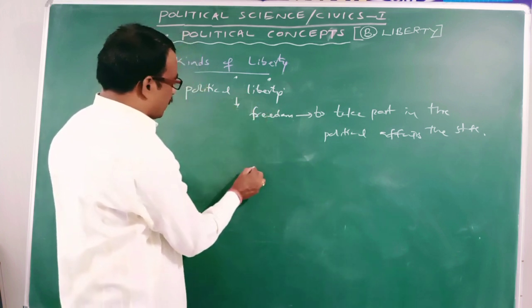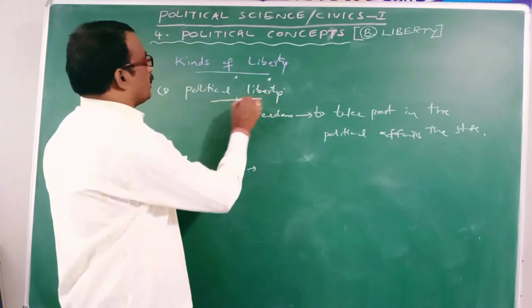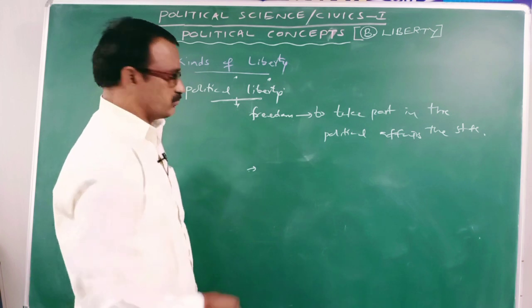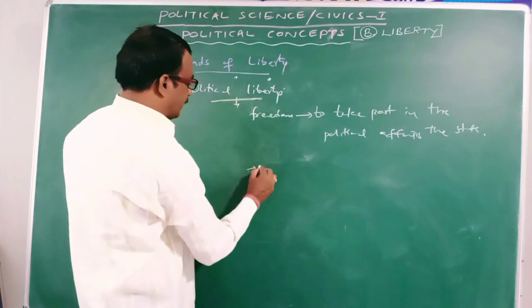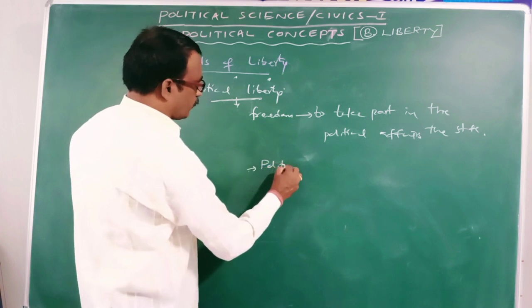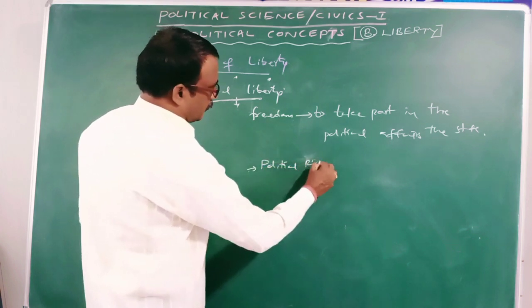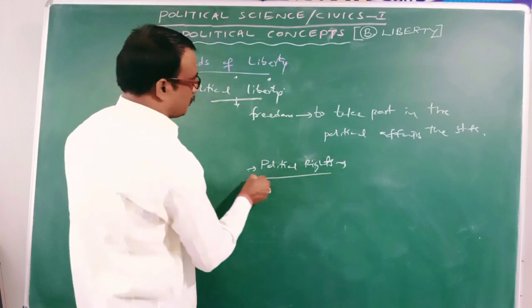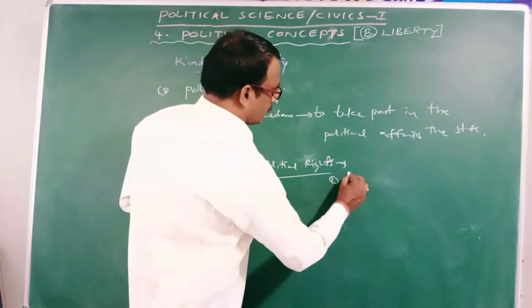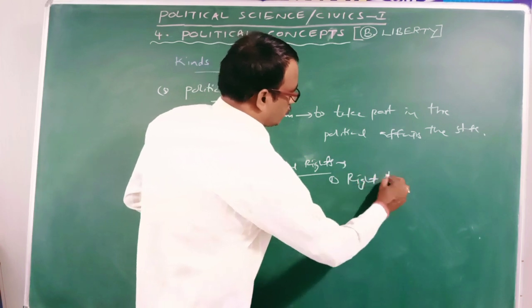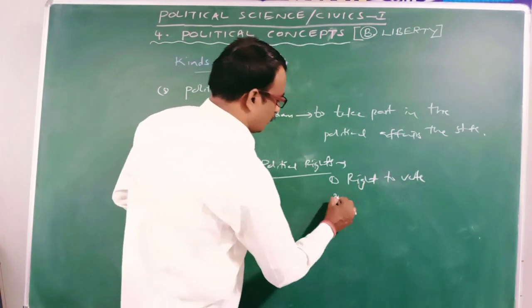Like civil liberty, we can enjoy political liberty through certain political rights. Clear? It means it provides certain political rights. What are the political rights? 1. Right to vote. 2.